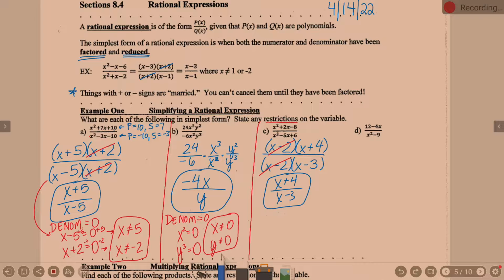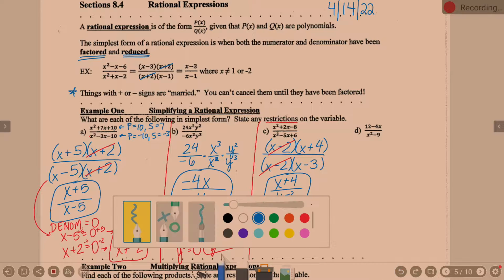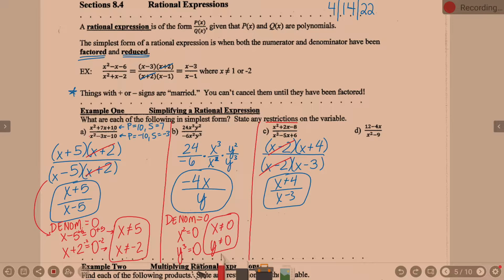Restrictions on the variable. What can x not equal? No. What is it I'm setting equal to 0? Anything, and as I say this, it's going to be important: anything that ever was or is in the denominator.